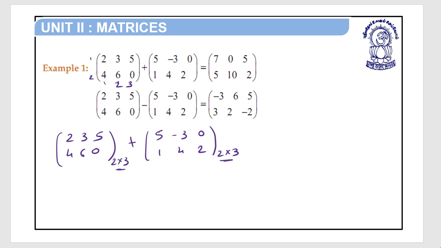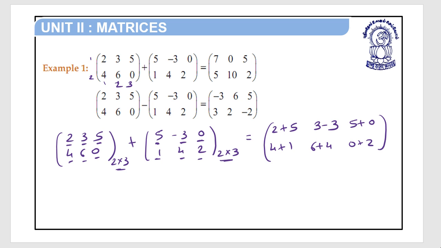So now take addition of corresponding elements: 2 plus 5, 3 minus 3, 5 plus 0, 4 plus 1, 6 plus 4, 0 plus 2.